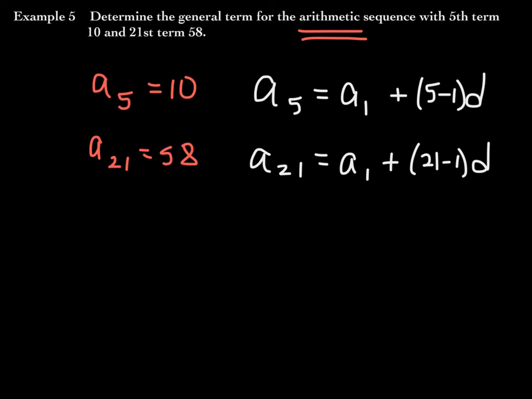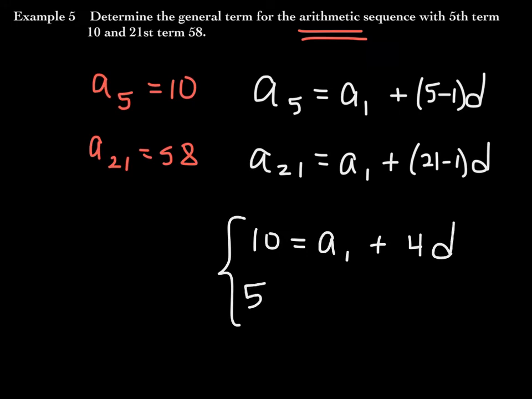And that gives me 10 is equal to a sub 1 plus 4d, and 58 is equal to a sub 1 plus 20d. Notice what we got. We got a system of two equations in the variables a sub 1 and d. So now all we have to do is solve this system using one of our methods from earlier lessons.